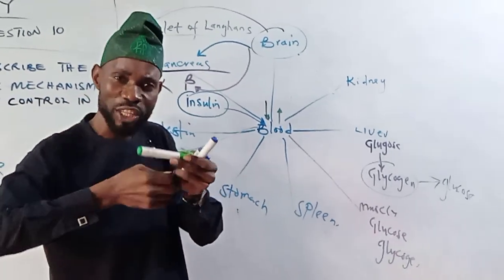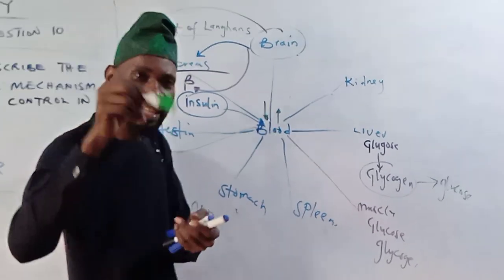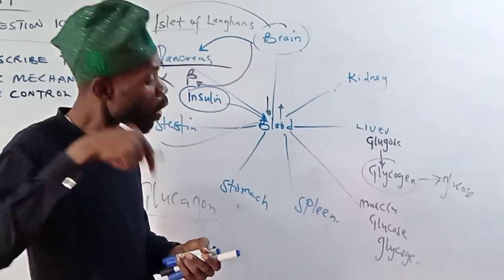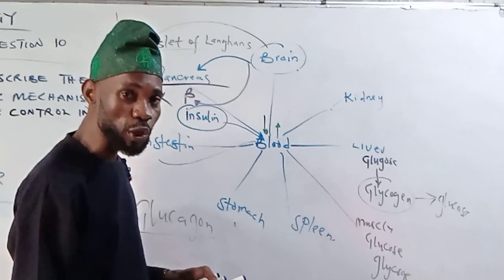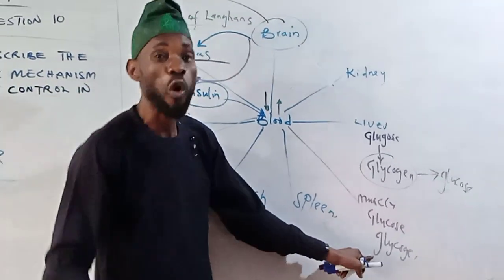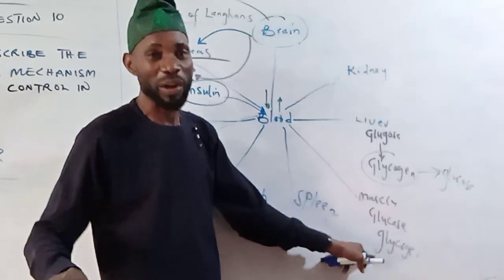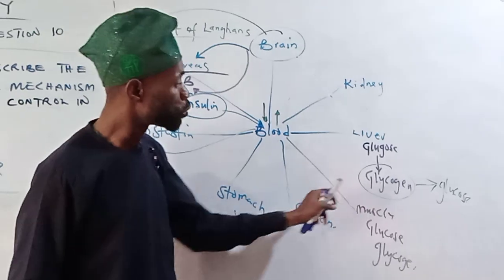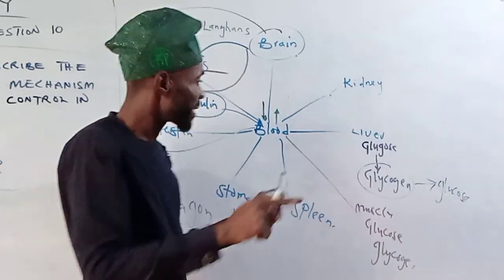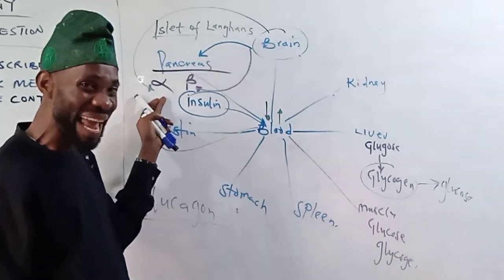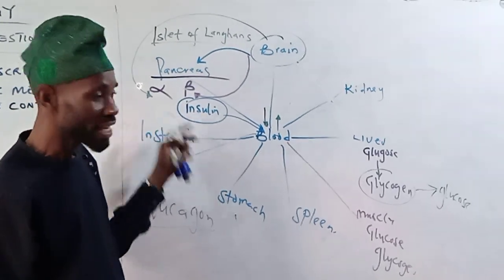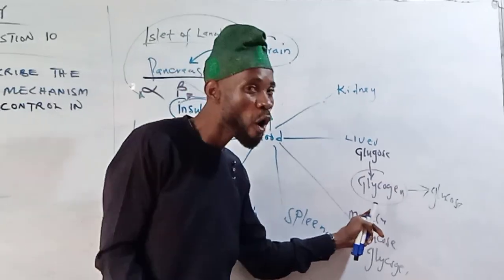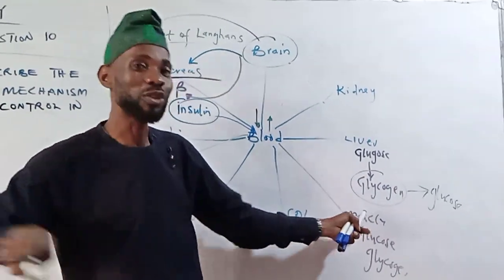If you use sellotape to wrap around it, you find that if you want to write on the board, it will not write. But what you have there is chalk. So also, your body needs glucose, but in the presence of enough stored glycogen, it is not recognizing it as glucose, except the hormone glucagon comes back, secreted by the alpha cells of the pancreatic islet of Langerhans. It now stimulates the liver to reconvert the stored glycogen back to glucose.